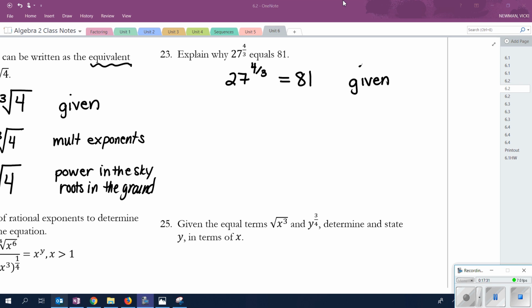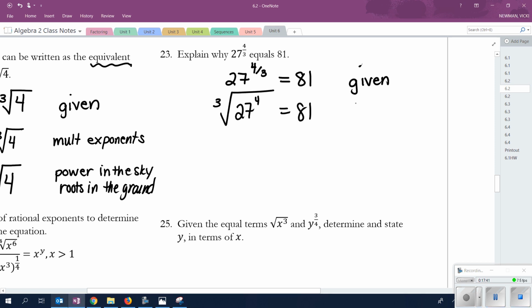What's the next thing you wrote? 27 to the 4th, and then cube root. And what did you say? Power in the sky, root in the ground. Okay. Then what? So you did this.